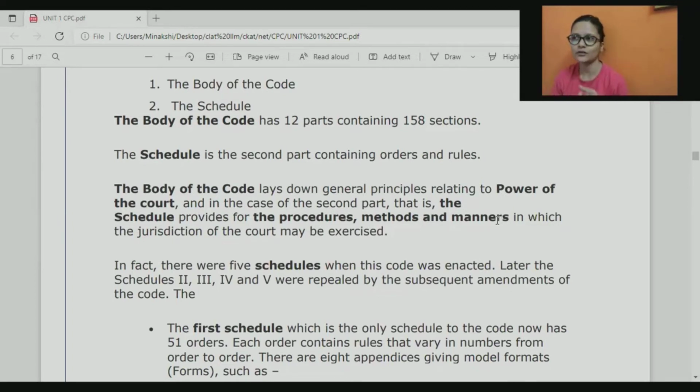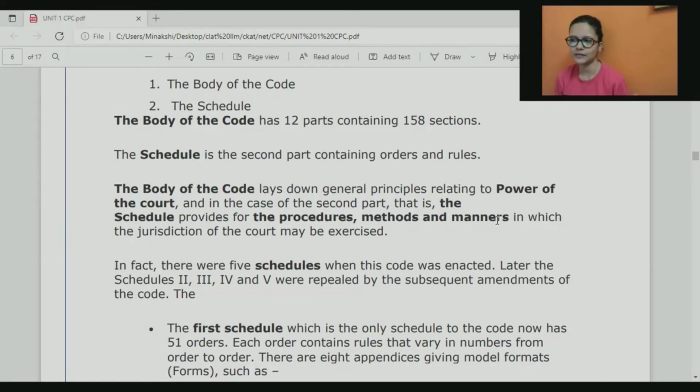So the schedule part is a more practical thing, but the sections are theoretically explaining or properly setting the jurisdiction of the courts. When we start with the sections, it will become even more clear for you.